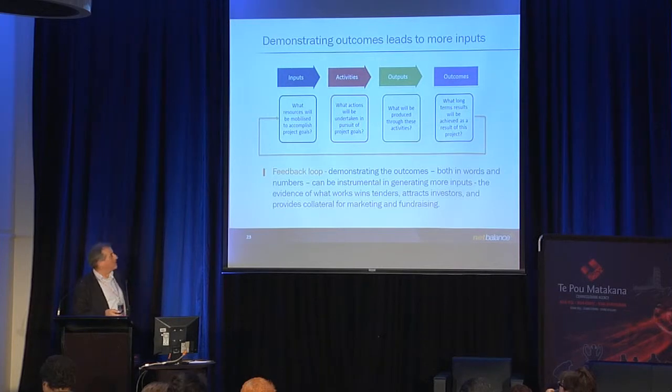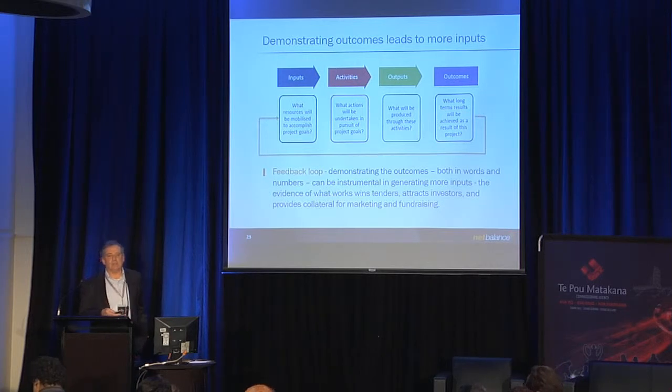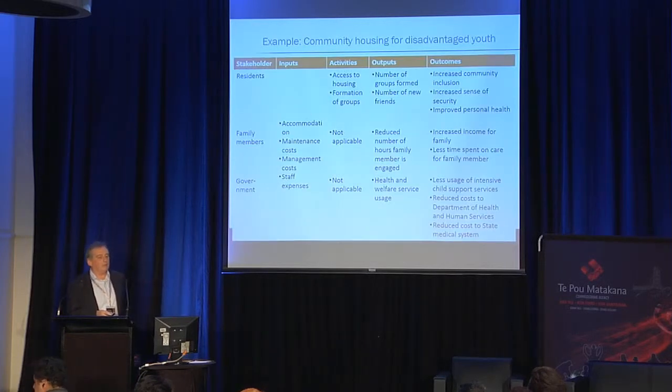Now, the reason why this is really important is if you're able to measure, report, and demonstrate your outcomes, there has to be a feedback loop, in terms of them being able to get more inputs, more financial resources, be able to get further volunteers or other support work that you have. So once again, this is a fundamental driver for organizations to do this. It is a way of securing long-term income.